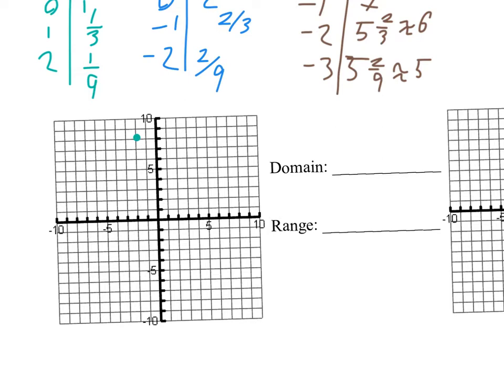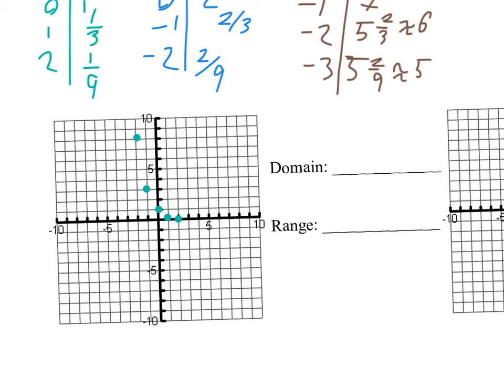Okay. -1, 3. 0, 1. 1 1/3, which is close to 0. 2 1/9, close to 0.